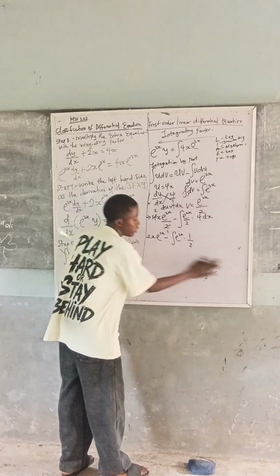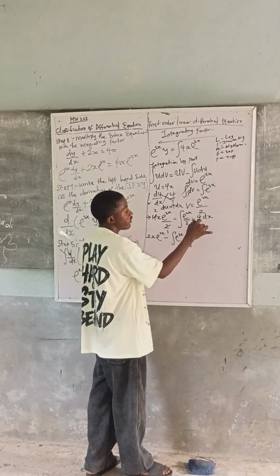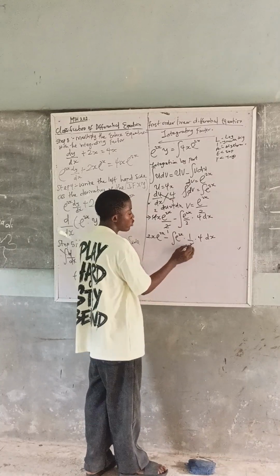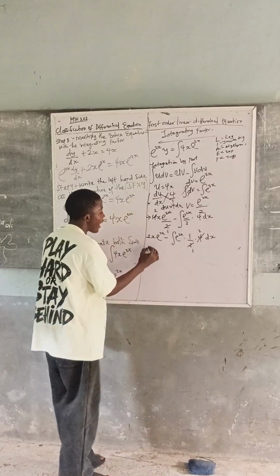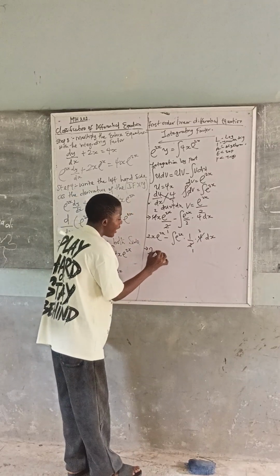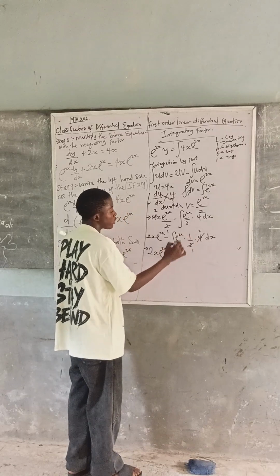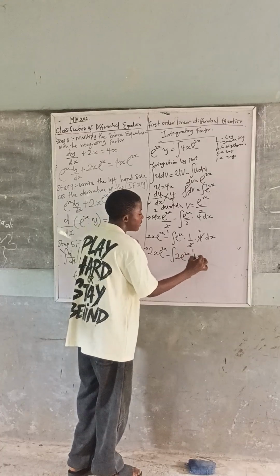So it's still the same thing. So we have exponential 2x multiplied by 1 over 2 times this 4, and we have dx. So therefore 2 here 1, 2 here 2. So we have 2x exponential 2x minus 2 times the integral of exponential 2x dx.